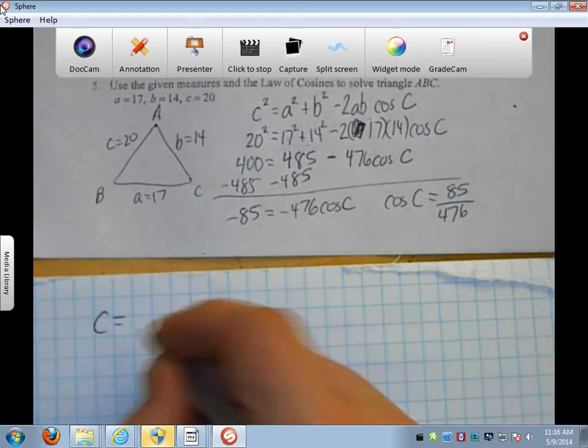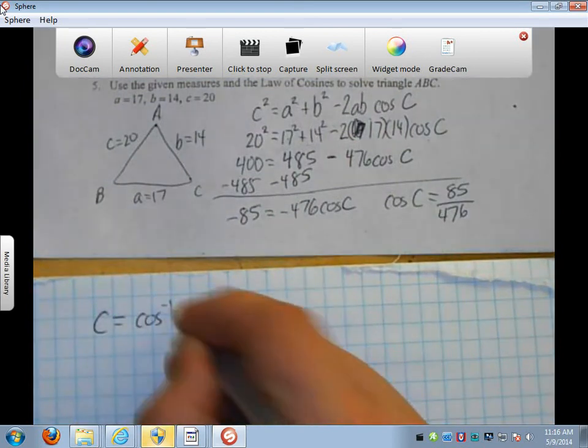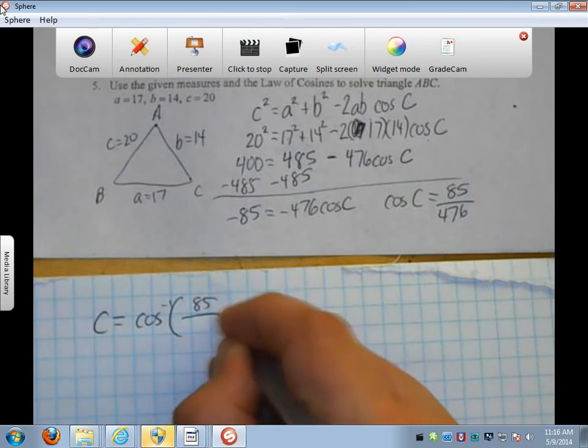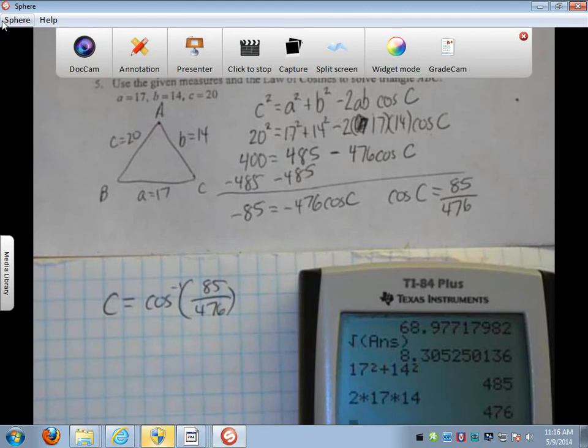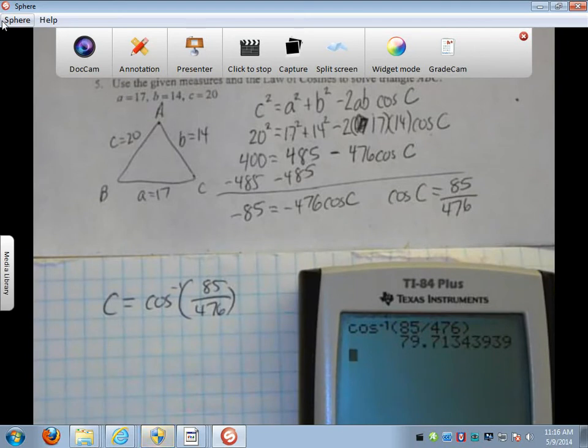So C is the arc cosine of 85 over 476, and I get about 79.713 degrees.